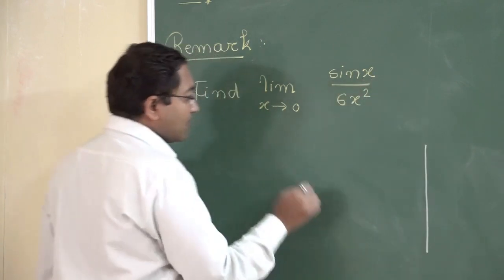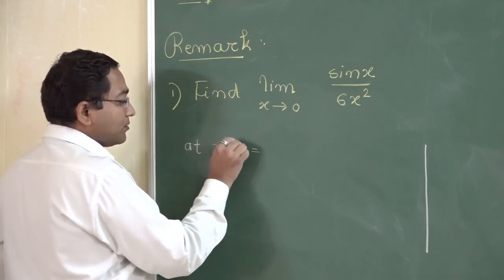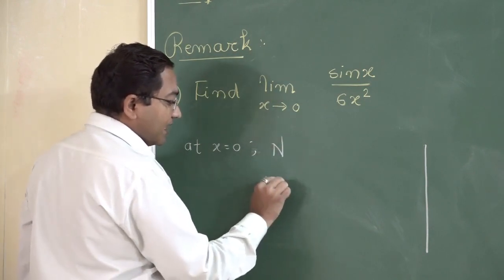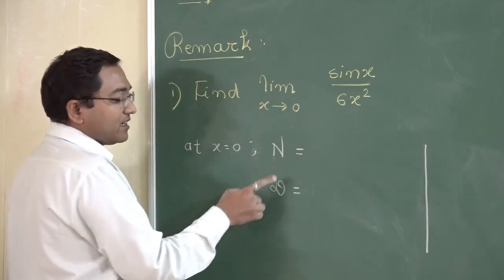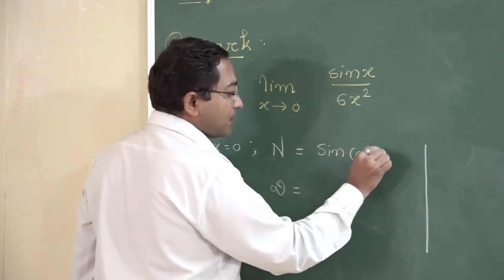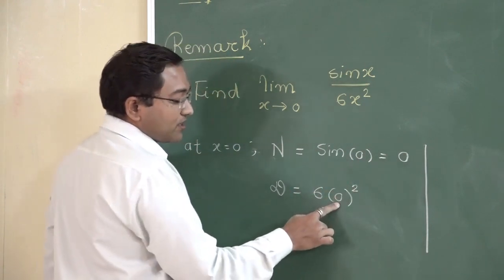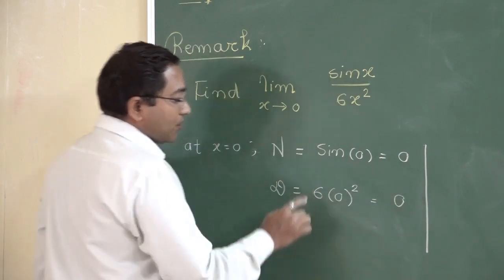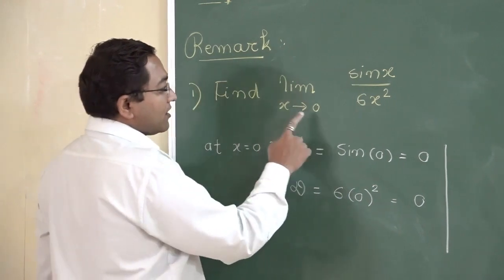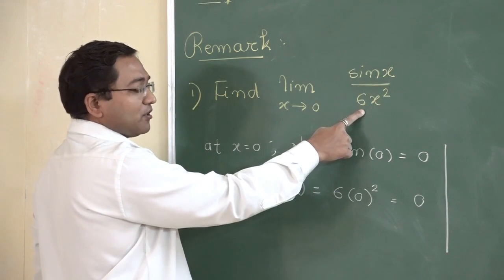Here, sin 0 is 0, and the denominator 6x square, 0 square into 6, becomes 0. So the numerator is 0 and the denominator is also 0. Therefore, at the point x equal to 0, numerator and denominator both have 0 values.